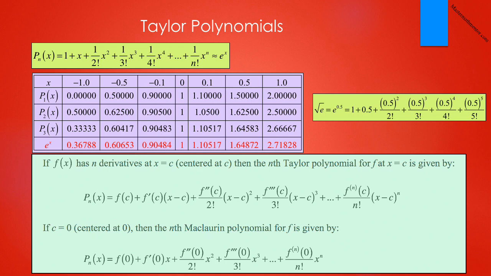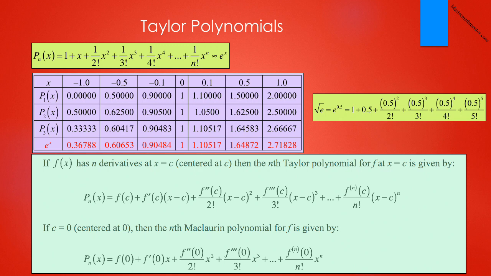If c is equal to 0, centered at 0, that means that the nth Maclaurin polynomial for f is given by P_n of x is equal to f of 0 plus f prime of 0 x plus f double prime of 0 over 2 factorial x squared plus f triple prime of 0 over 3 factorial x cubed plus ... plus the nth derivative of f at 0 x to the n over n factorial.